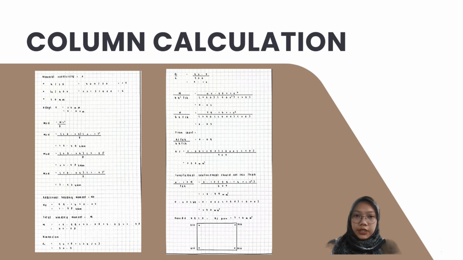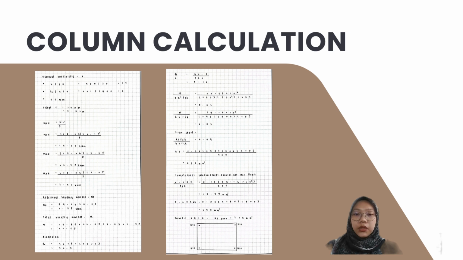So, from the chart, we get to know that ASFYK over BHFCK, we got 0.04. Then we calculate the AS. We insert the data, 0.04 times 250 times 500 times 25 over 500, we got 250 mm square. So, next we need to calculate the longitudinal reinforcement should not be less than 0.12 N over fyk.